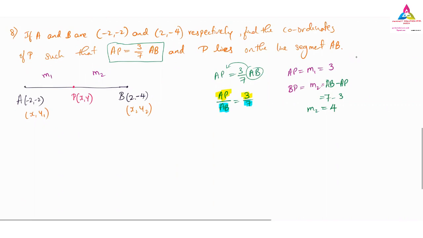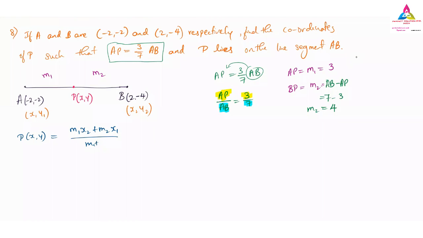So P of x comma y is equal to M1 into X2 plus M2 into X1 divided by M1 plus M2. Next, the second part: M1 into Y2 plus M2 into Y1 divided by M1 plus M2.